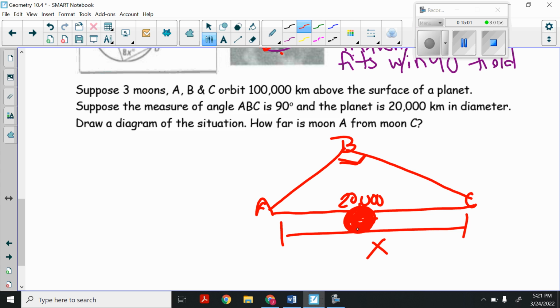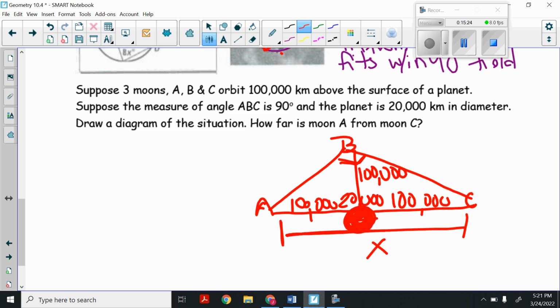I know that A, B, and C are 100,000 kilometers above the surface of my planet. So from here to here is 100,000. From here to here is 100,000. And from here to here is 100,000.